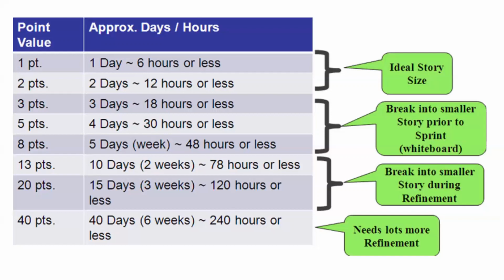So in simple terminology, when we are assigning a story point of 1, it means that the story is fairly simple, and we should be able to complete that story in one day.